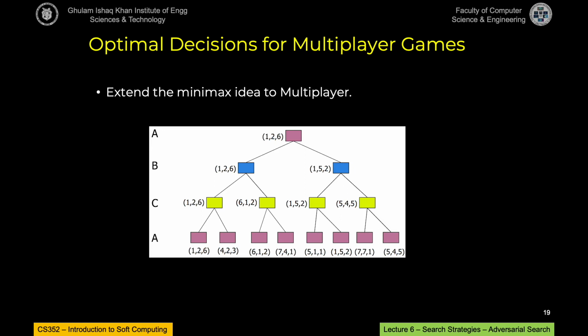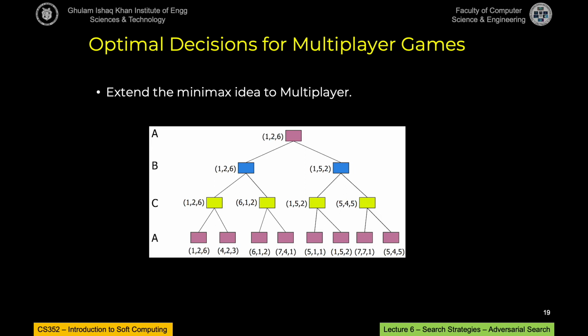So for example, in the figure shown, it is a turn of A, and at the leaf, he has basically selected 8 different nodes with the utilities that are given.